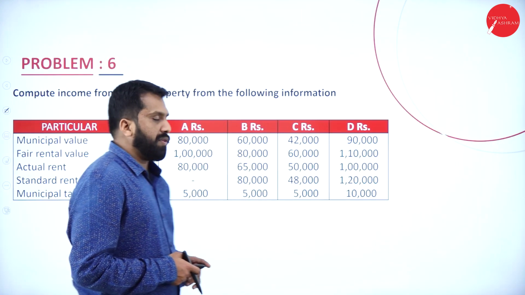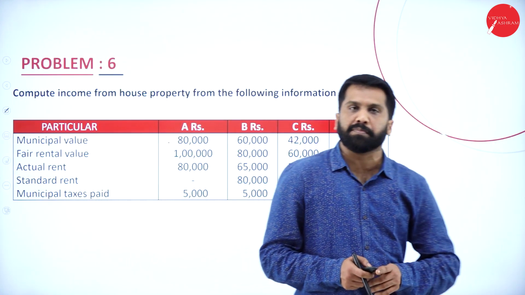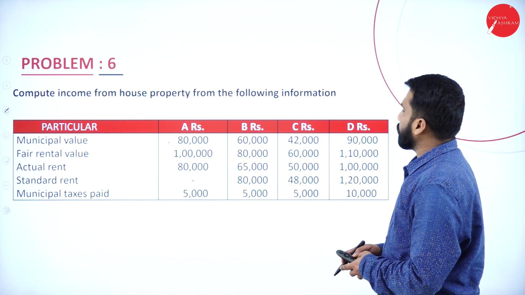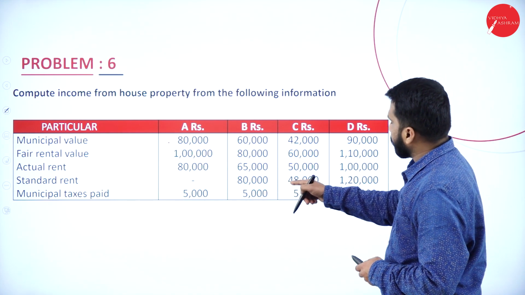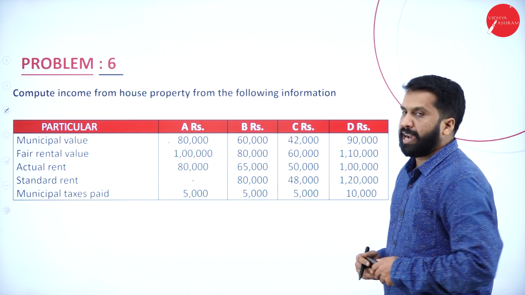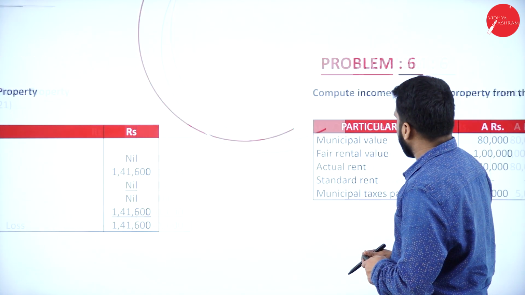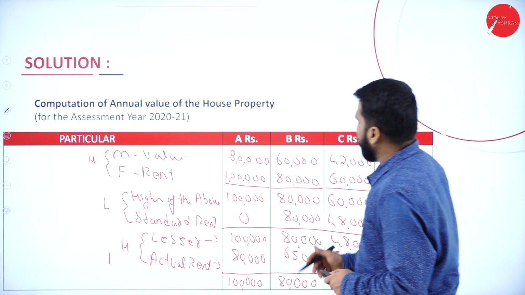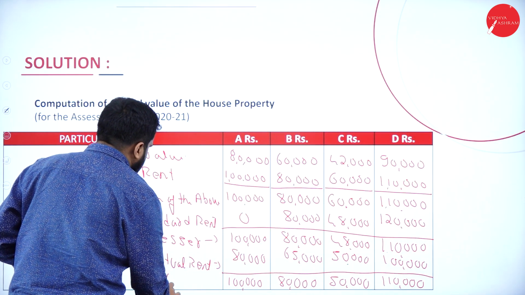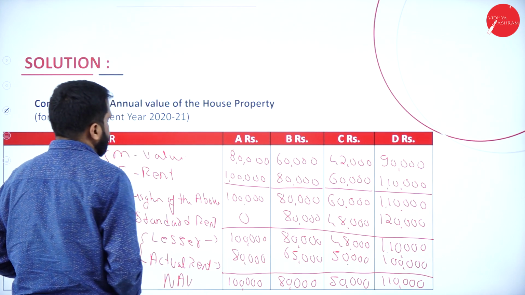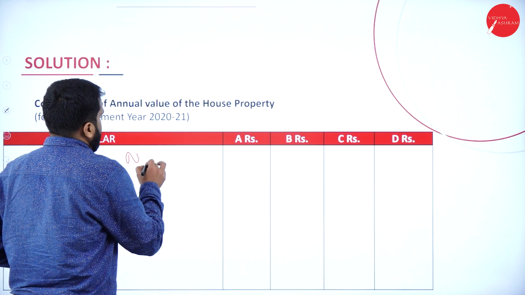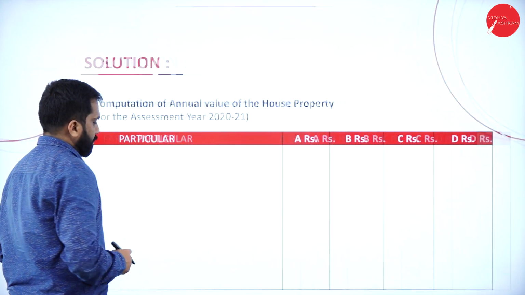Now, in this, we have municipal tax also. We are supposed to minus that. So, what is the municipal tax? 5,000, 5,000, 5,000, and we have 10,000. So, in this, we call it as net annual value. Net annual value.